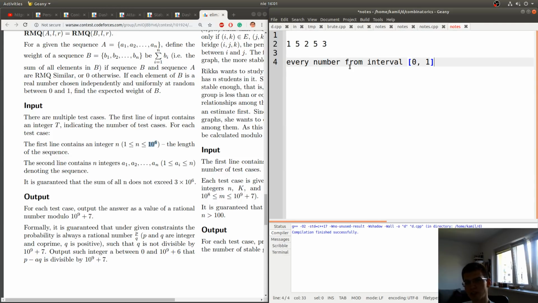So some real number, for example 0.7209, something like this. Random real number from this interval.